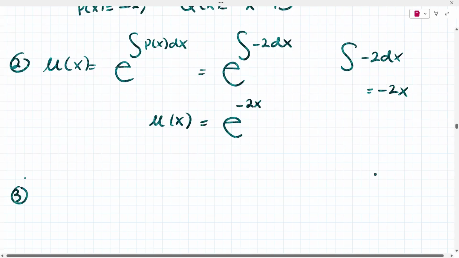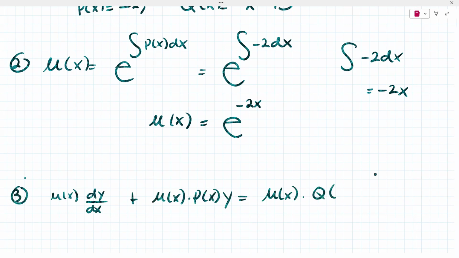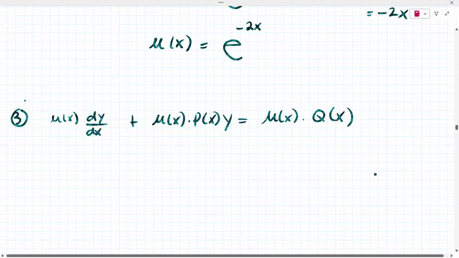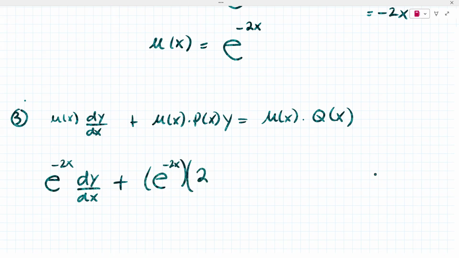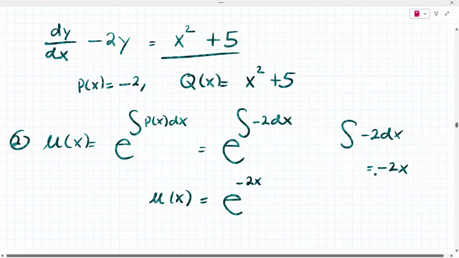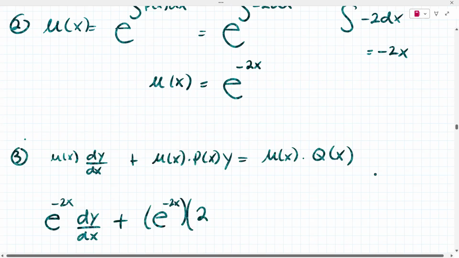Okay, step 3, multiply everything by mu. Our mu is e^(-2x), so it's e^(-2x) dy/dx plus mu, which is e^(-2x), times p of x, which is negative 2, and then you have this y.